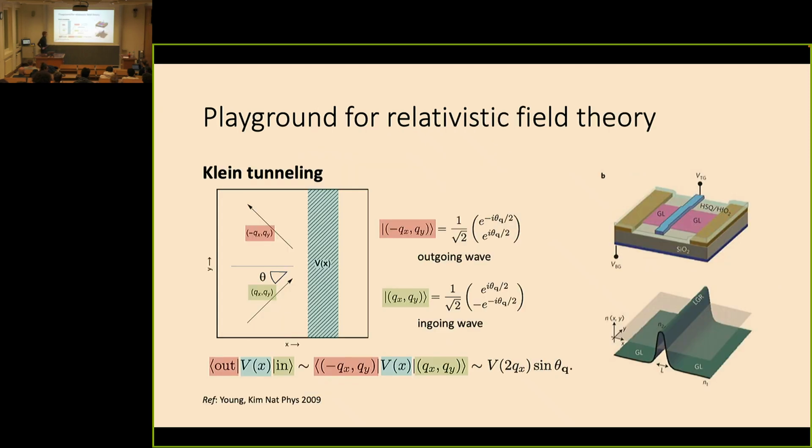So if you want to ask what's the probability that I come in here and then scatter here, I just take the in state, the potential, and then the out state. So I plug in these values, and then you'll find out that it's dependent on the sign of the theta. In other words, if I perfectly come like this with zero angle to it, there's zero probability that I'm reflected. So no matter the height of my potential, I will always go through.